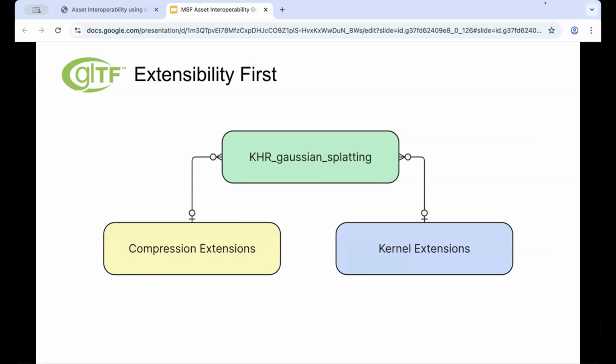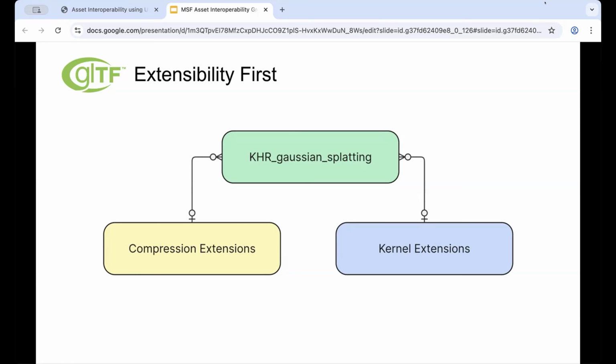Then kernel extensions are basically the idea that we know things like ellipses, and there could be triangles in the future. There are all sorts of things that are very early days today. By putting those kernels into an extension, you allow them to also include any of the attributes they may need for densities, cutoffs, values, and all of that sort of thing.